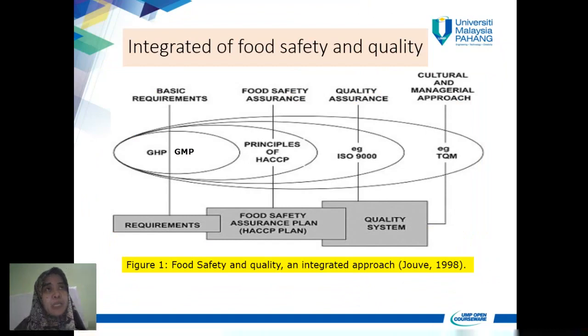For example, a food service such as McDonald's or KFC needs more of the GHP, while food manufacturing, for example, needs both GMP as well as GHP.